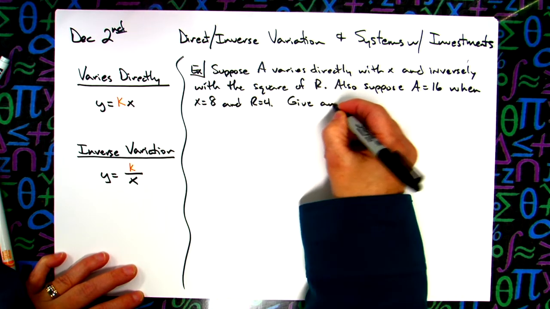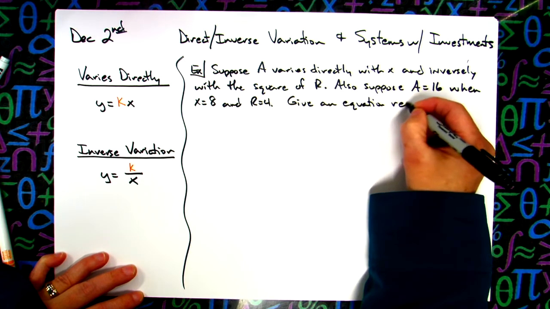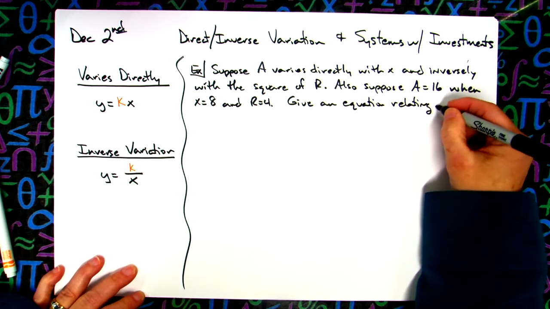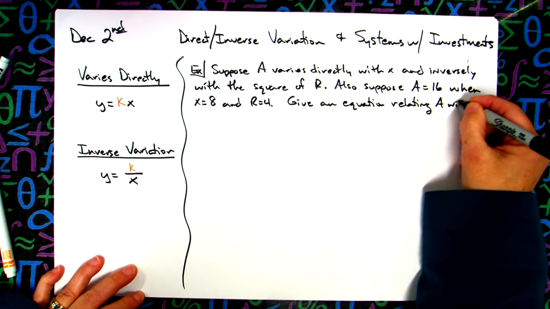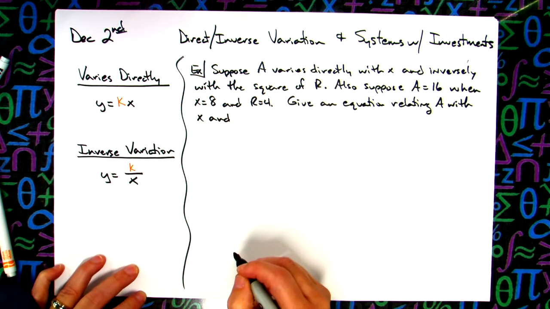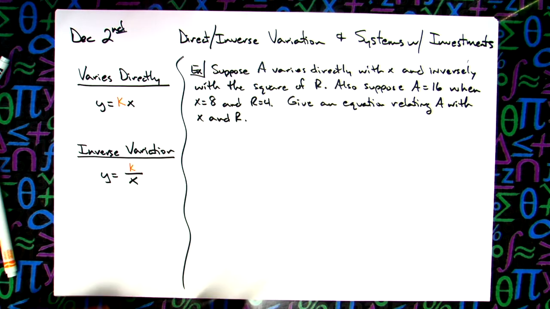Give an equation relating A with X and R. So yeah, it's really wordy. We've got to write all that out before we can start.